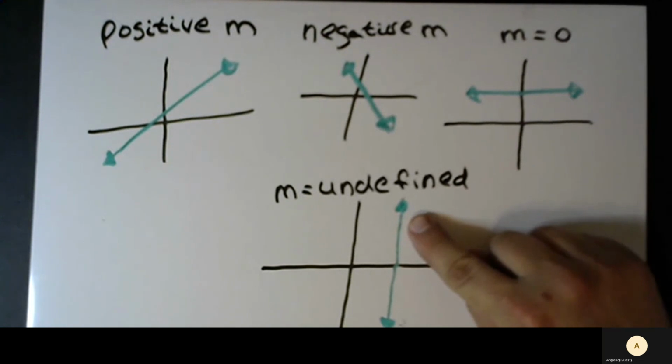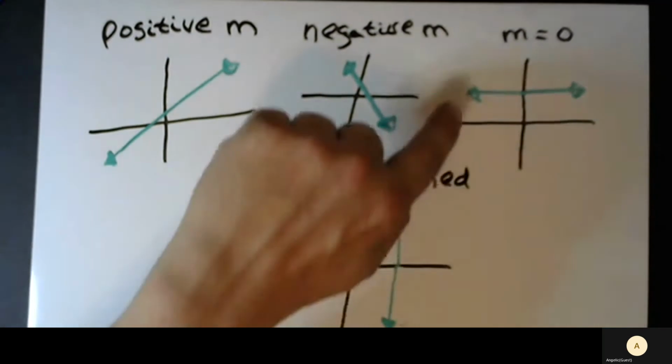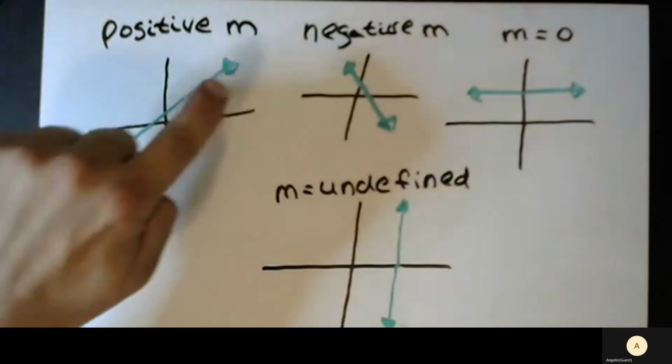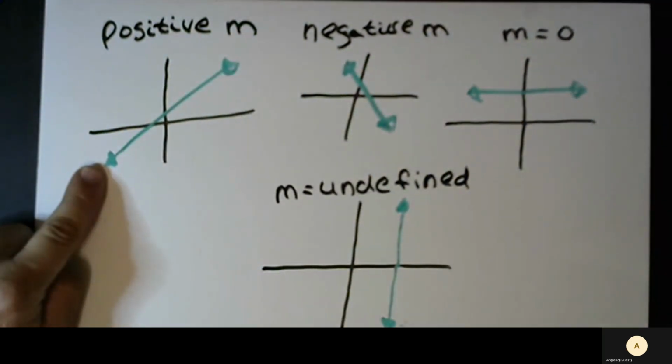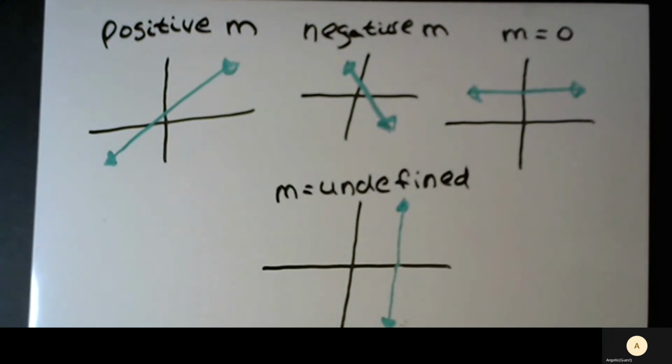You'll sometimes hear this referred to as an infinite slope. Like this is 0 slope, and then you tilt it up, you get positive slope. And then if you really tilt it up, it becomes infinite. I've heard people say that, but I think the proper way to refer to it is undefined.